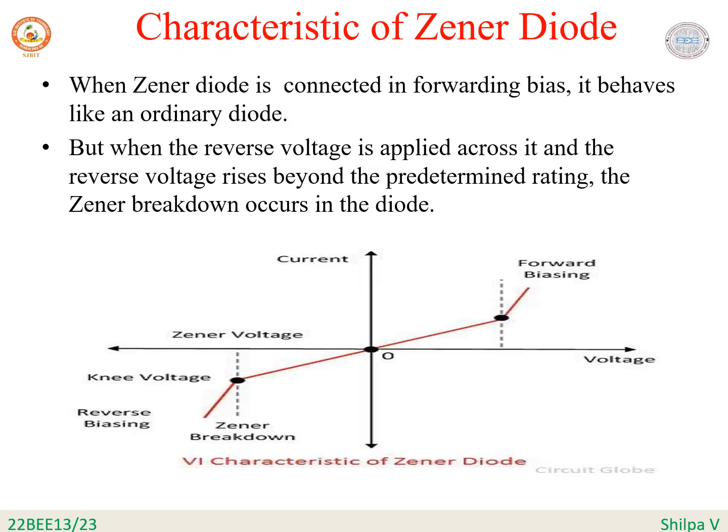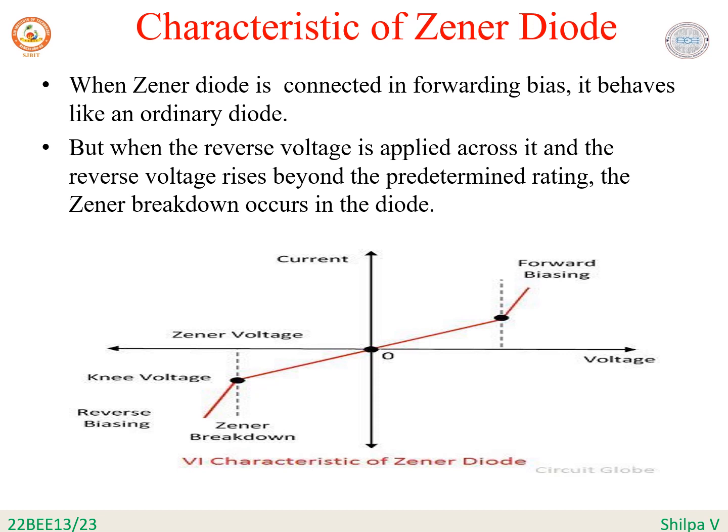The same thing is shown in the characteristics of the Zener diode. As we have seen the VI characteristics of a diode, in a similar way let us plot the characteristics of the Zener diode. In the forward biased condition, the Zener diode works in a similar way to the normal PN junction diode. But in the reverse condition, initially it is the same as your normal PN junction diode, but this point is called Vz.